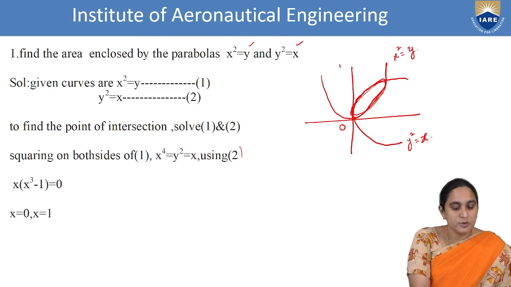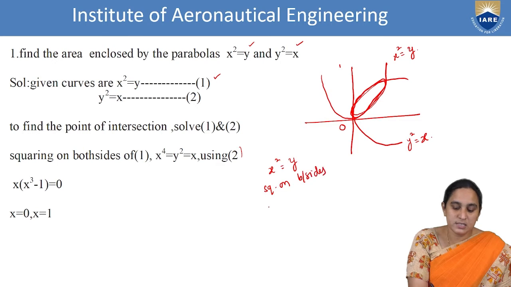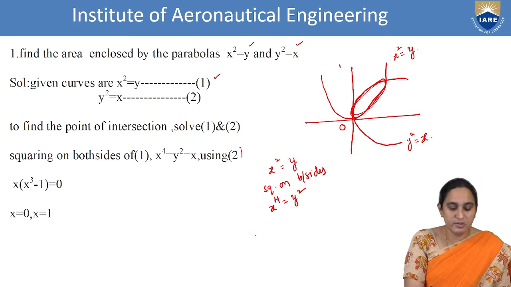For finding the point of intersection, from the first equation, x square is equal to y, squaring on both sides, x power 4 is equal to y square.